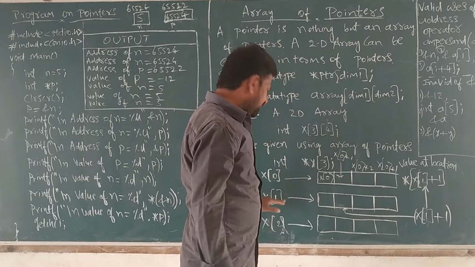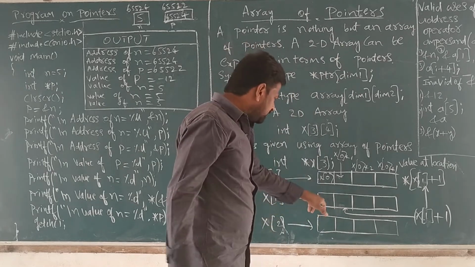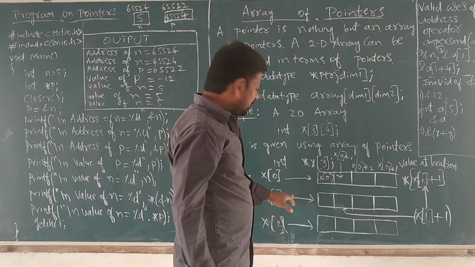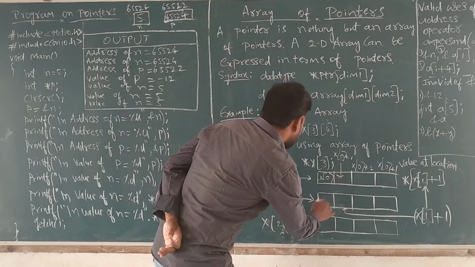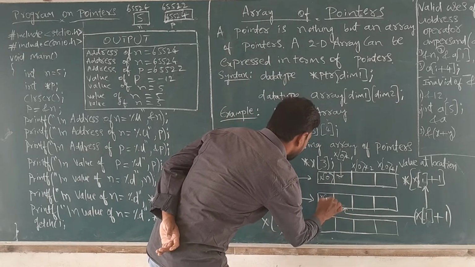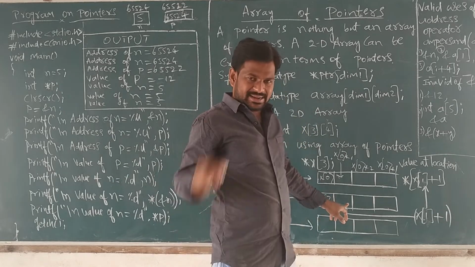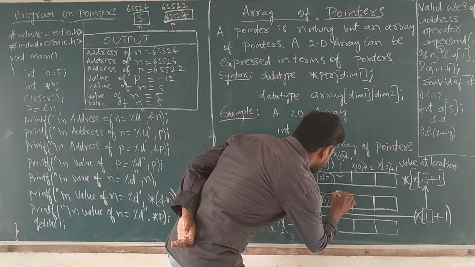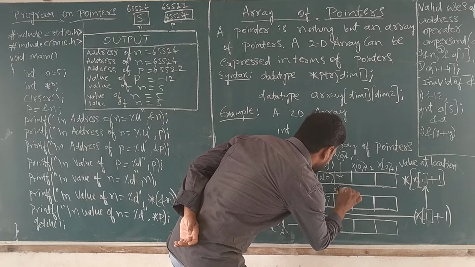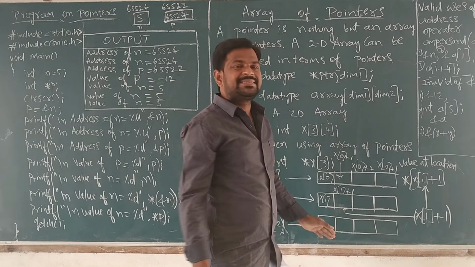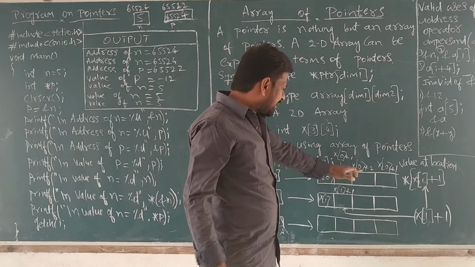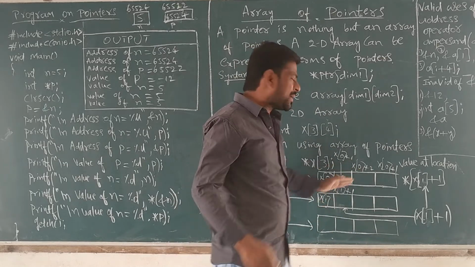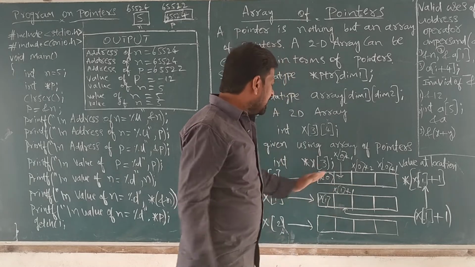Next, for this, what is the location of the element? X of 1 here. If you want to give a value at this location, this represents x of 1 plus 1. Generally, the first term represents the rows, and the addition after it represents the next columns.